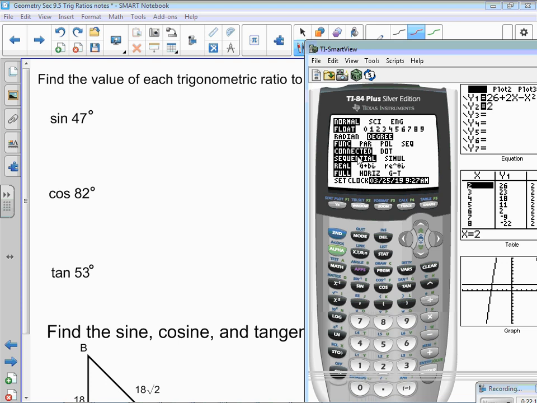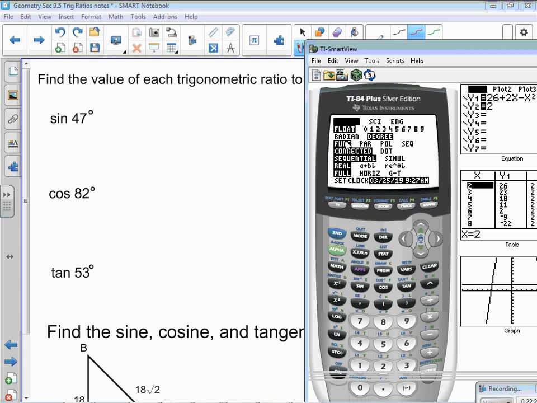So as far as radians go, you don't have to worry about those until you get into a trig class, because radians are based on a circle being a total of 2 pi, and so then radians are portions of 2 pi that will give you parts of a circle. So don't worry about that, just make sure that you have it in degrees, otherwise your answers will be wrong.